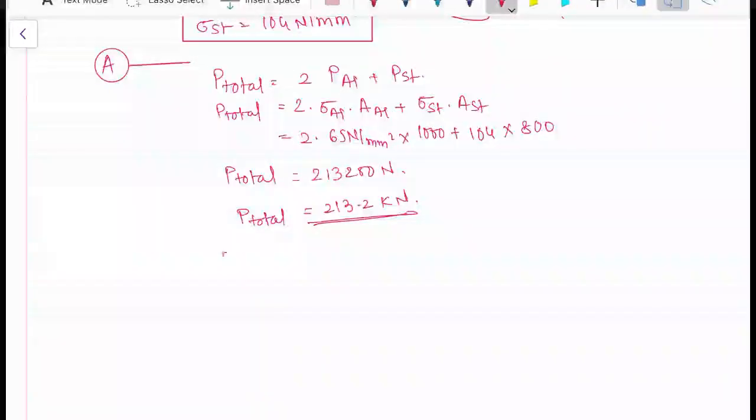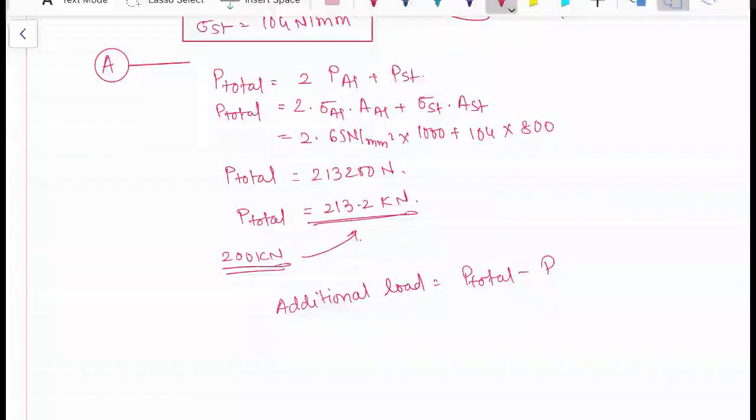Now in the first case itself we have already applied 200 kilonewton. So how much will be the additional load? Additional load will be total load P total minus the already given load. How much is the already given load? That is 200 kilonewton.